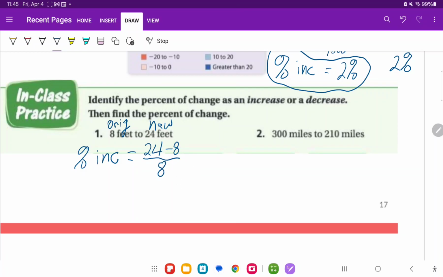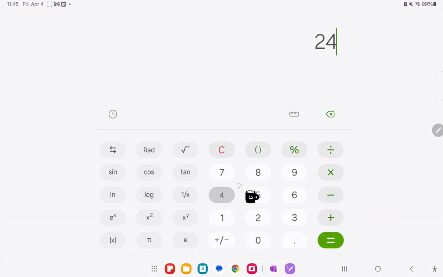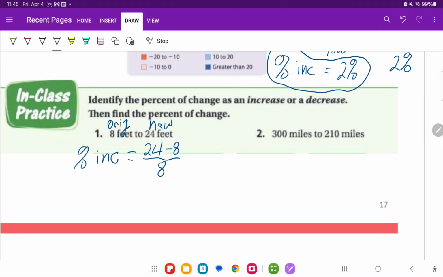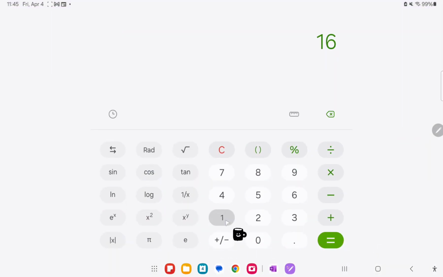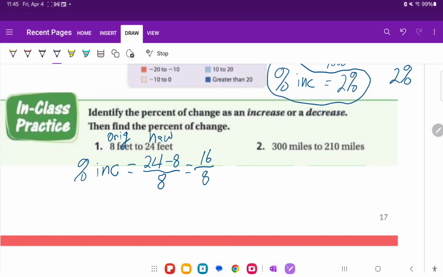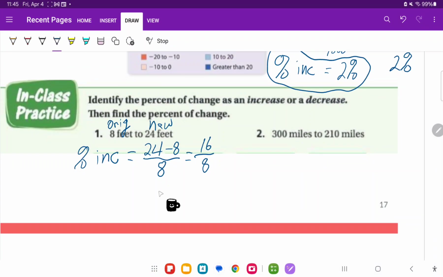All right, so 24 minus 8, that's 16. So this is going to be 16 divided by 8. Hopefully you already knew that it was a 2.